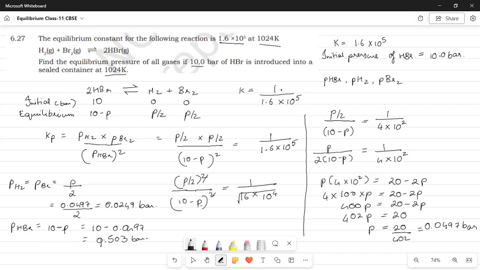That's a very important thing that you need to know. Basically all of this was just solving for P. We assumed that there is a decrease in pressure of HBr by P, and that decrease is made up by P by 2 and P by 2 for H2 and Br2. Then we solved for P and figured out the values of PH2, PBr2, and PHBr.